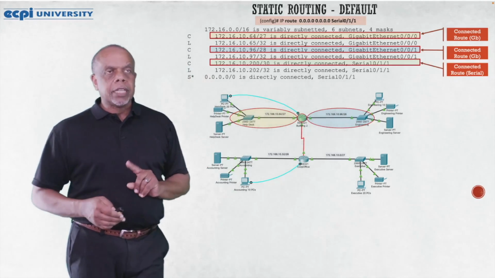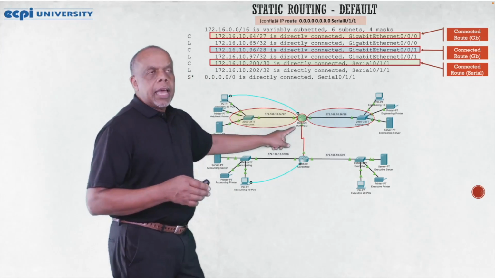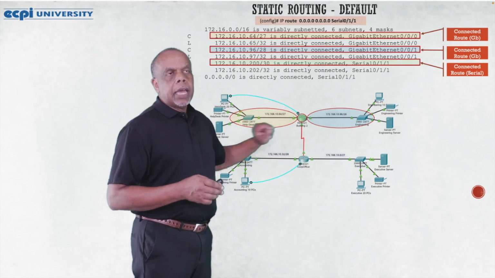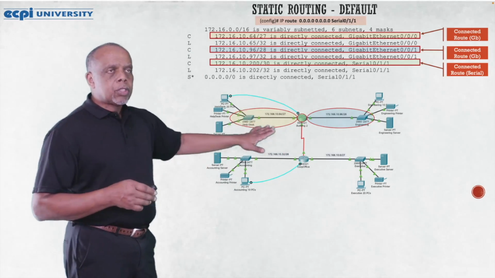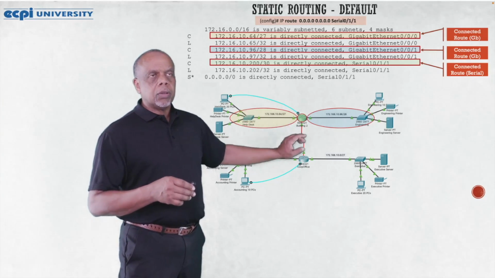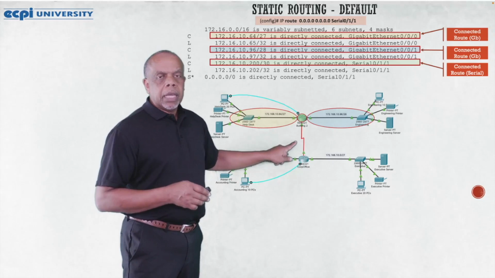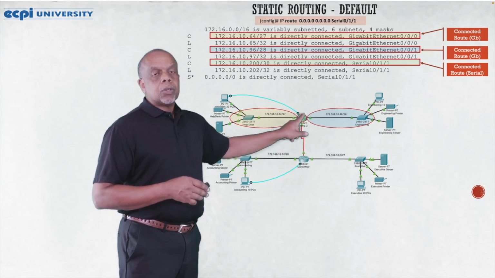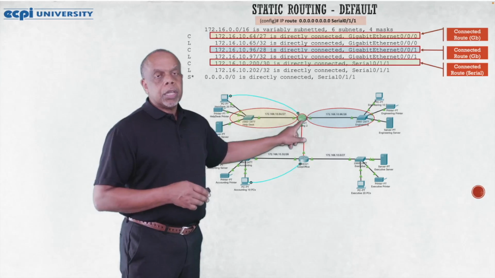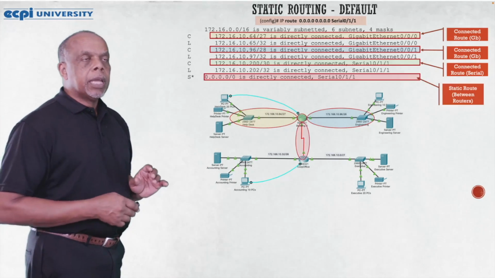Something else that is very important is that it also tells me that there is a subnet on the serial 0/1/1. Okay, so now I know all the connections on that router that have something attached to it.